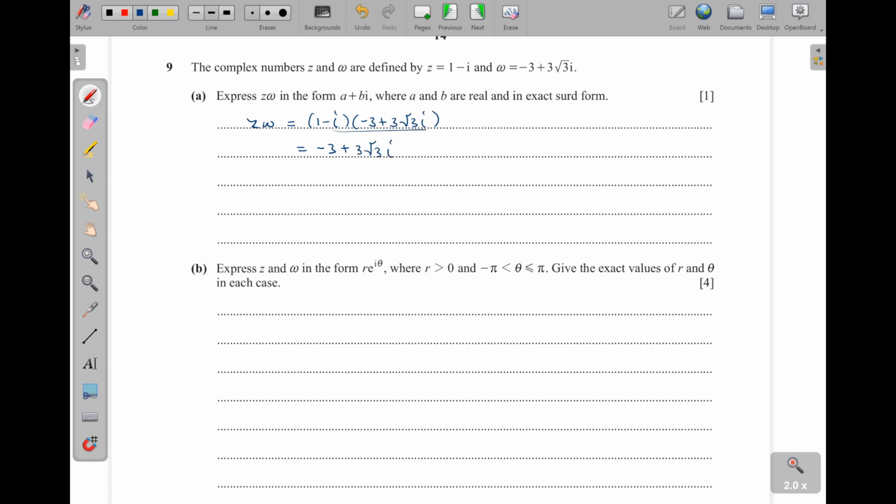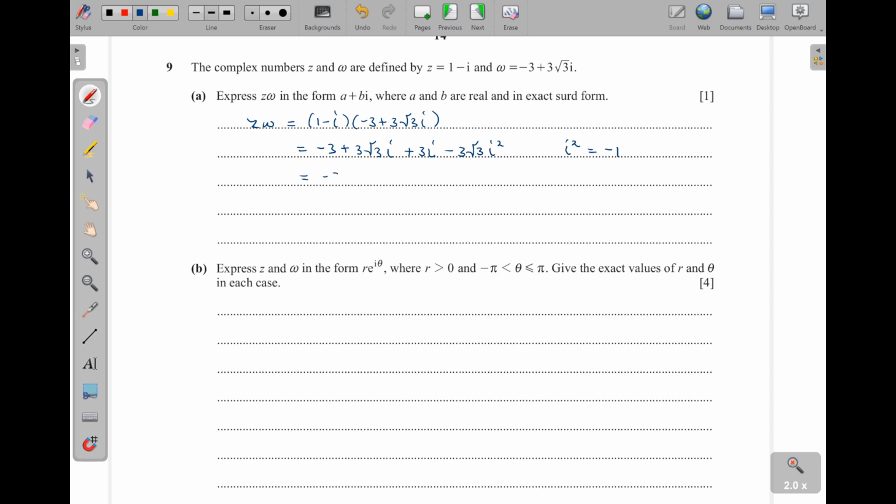And then negative i times everything, we shall have positive 3i, and then minus 3 root 3 i squared. And in complex numbers, we know that i squared is always equal to negative 1. Now that means this whole thing is going to become a positive.